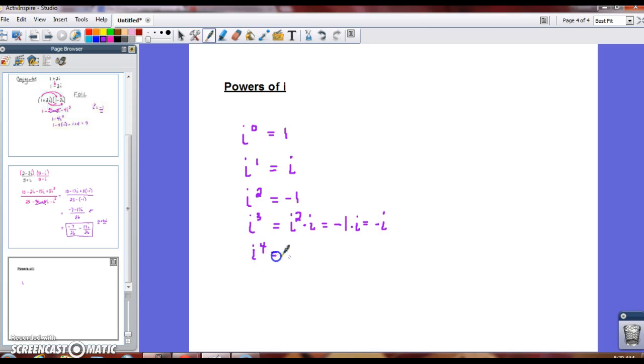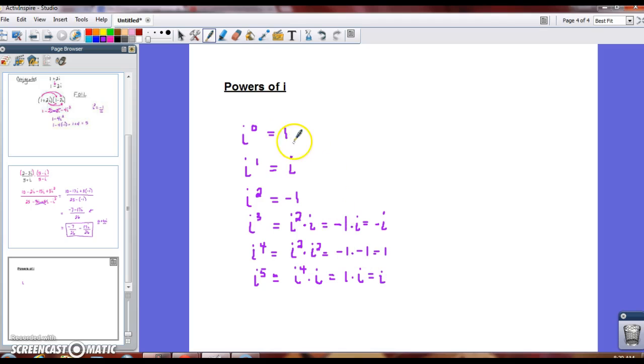I to the fourth would be i squared times i squared, which would be -1 times -1, which would be +1. I to the fifth then would be i to the fourth times i, which is the same as 1 times i, which is i.